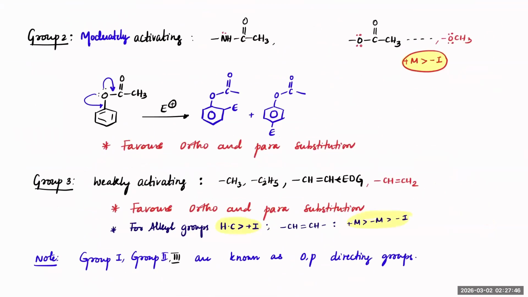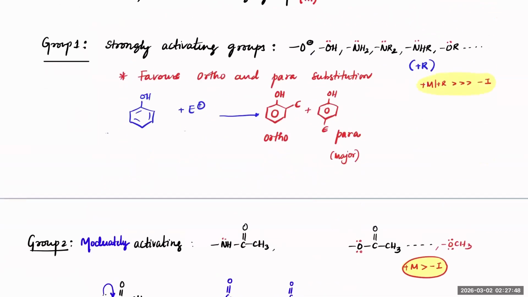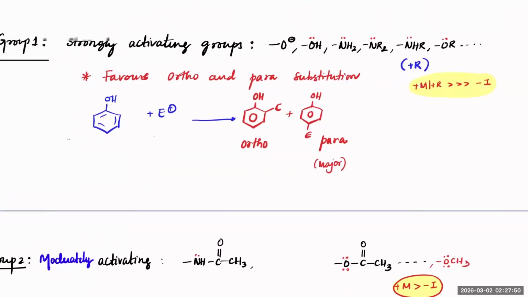That's the list I have written here, group one. Strongly activating groups: O minus, OH, NH2, NR2, NHR, OR. OR is a little debatable. In some cases we take it as strong, in some cases we take it as mild.